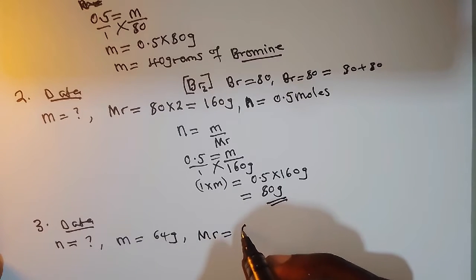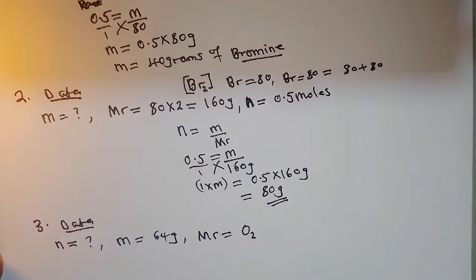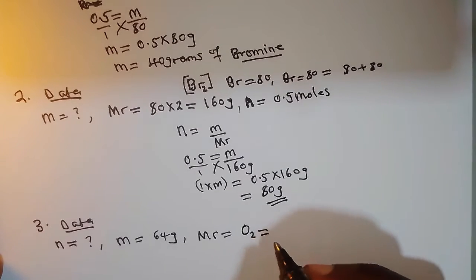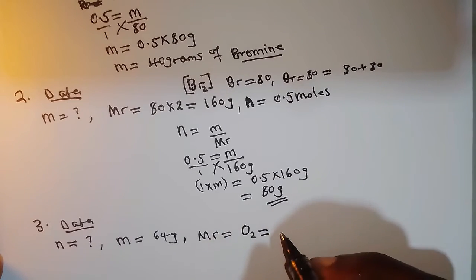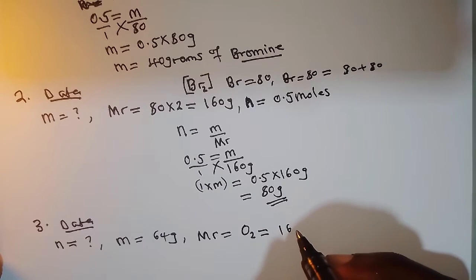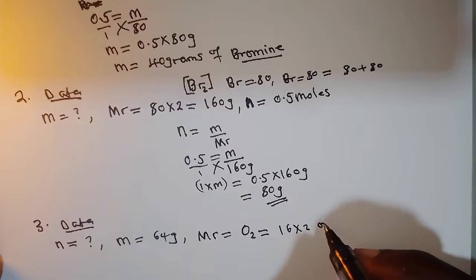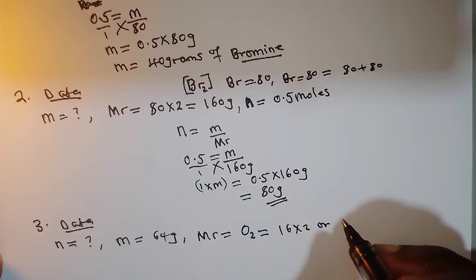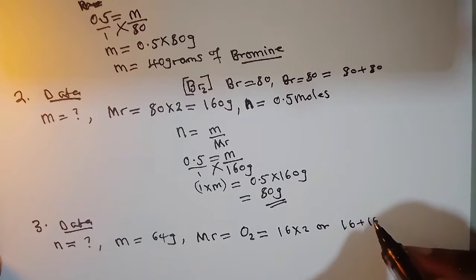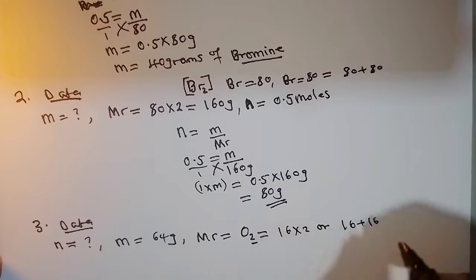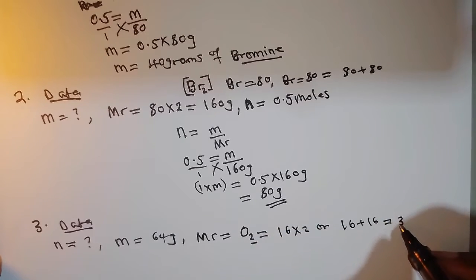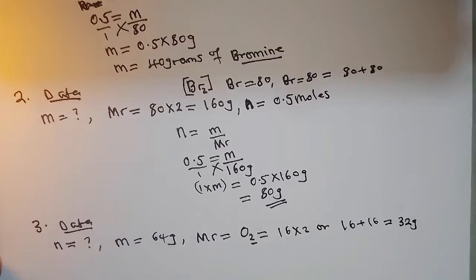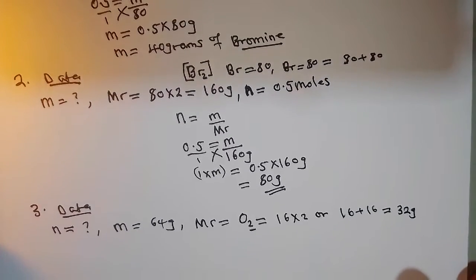What you need to understand is that since it is a molecule like this one, the relative molecular mass is just 16 times 2, or 16 plus 16, since you have 2 oxygen atoms, and this will give us 32 grams.